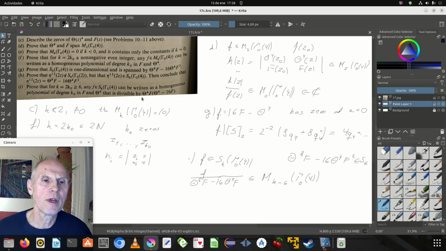So the only thing is that it can be divisible by this, but this follows from the fact that it's a modular form of order k minus 6, so there's nothing more. That's by induction. So the only one that is not obvious is problem 17H.